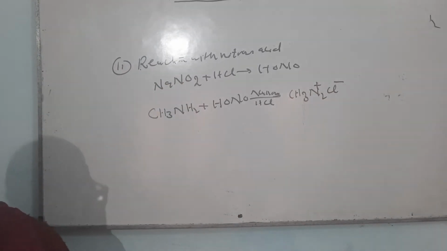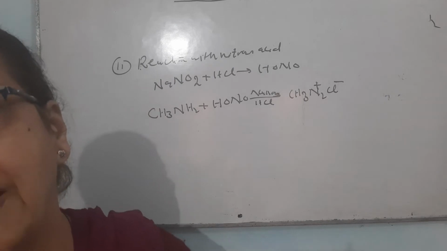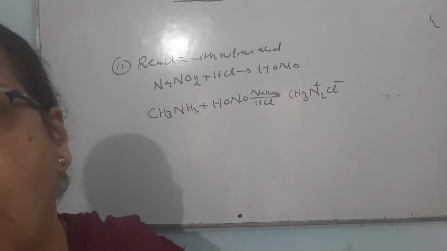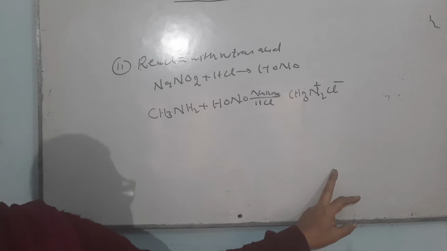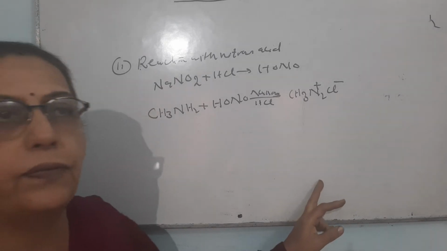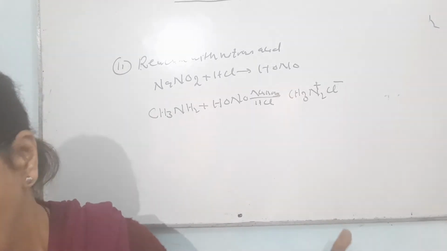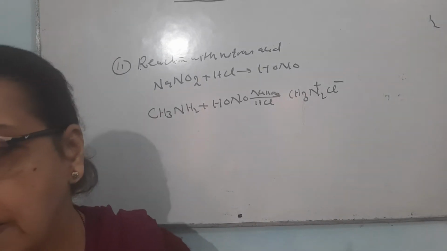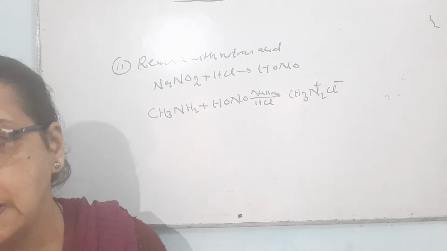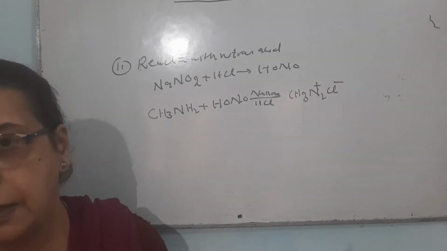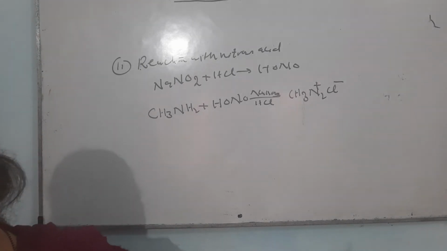This methyl diazonium salt is very unstable. All the diazonium salts prepared from aliphatic amines are very unstable. They are converted after heating immediately into nitrogen and alcohol.